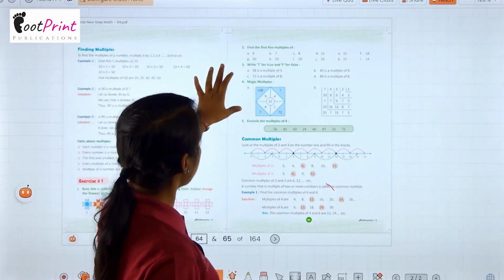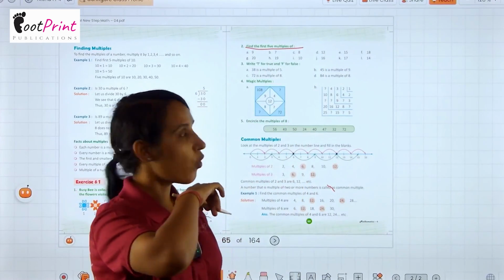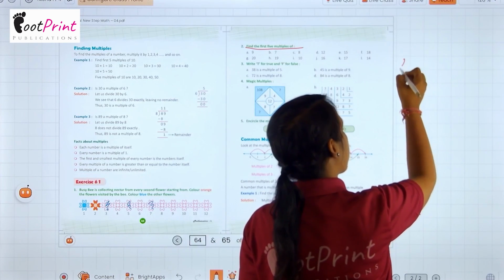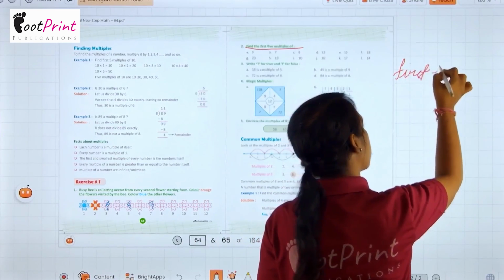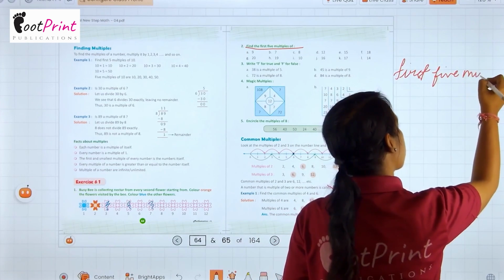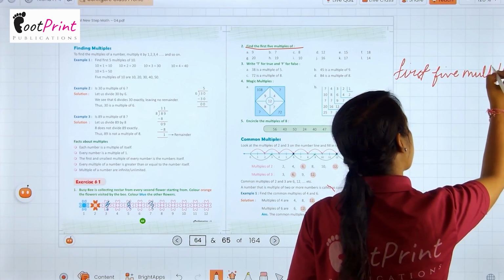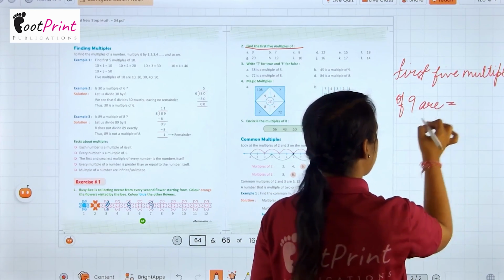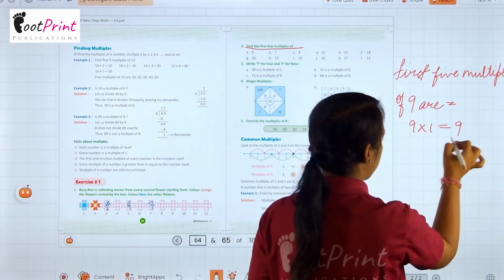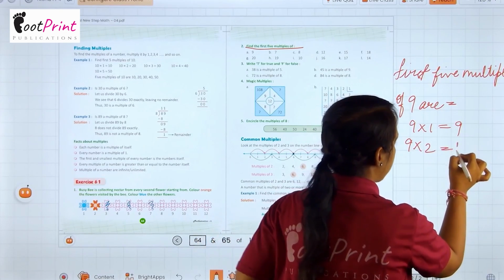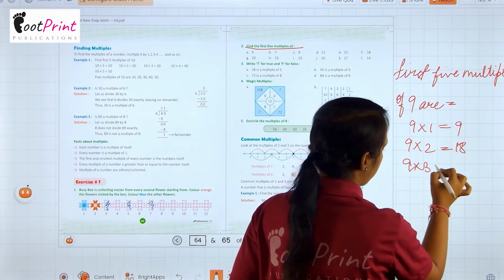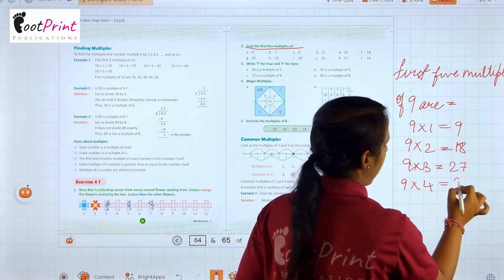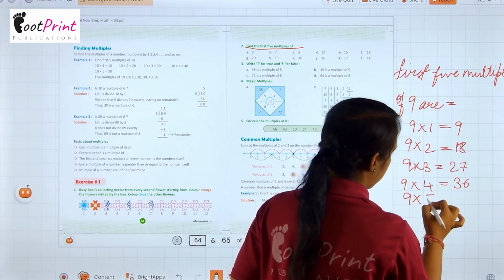Here is the question number second: find the first 5 multiples of 9. So we can find it easily. We can write first 5 multiples of 9 are: 9 into 1, 9, 9 into 2, 18, 9 into 3, 27, 9 into 4, 36, and 9 into 5, 45.